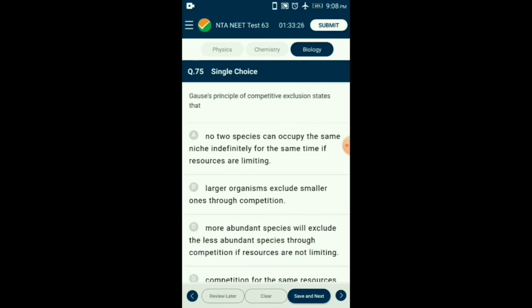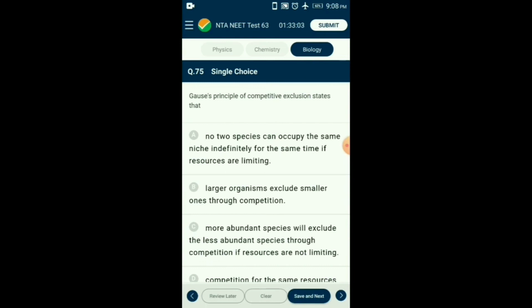Question number 75. Gause's principle of competitive exclusion states that 2 or more species with closely similar niche requirements cannot exist indefinitely in the same area, as sooner or later they come into competition for possession of it.